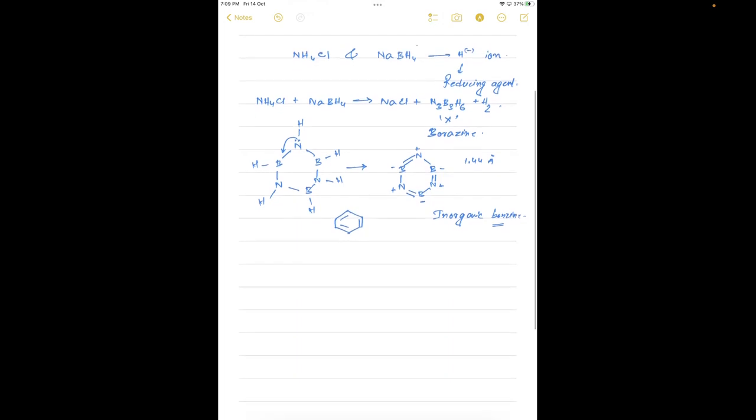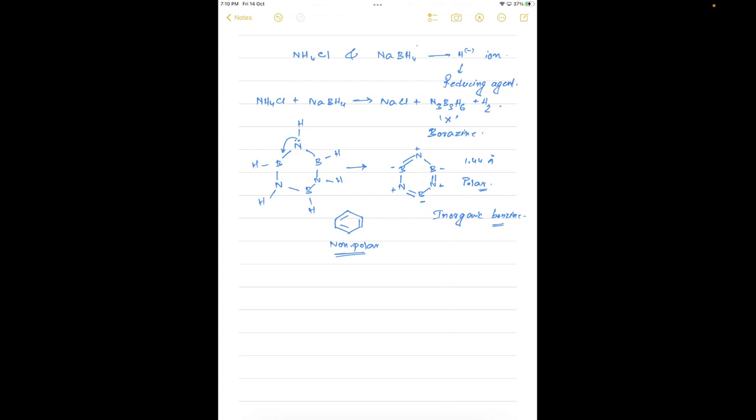But benzene has all carbon atoms, so it is non-polar in nature. But borazine has alternating nitrogen and boron atoms, and we know that nitrogen is more electronegative compared to boron. So there is an electronegativity difference between these two atoms. That's why borazine is polar in nature, and due to its polarity and electronegativity difference, borazine is highly reactive compared to benzene.